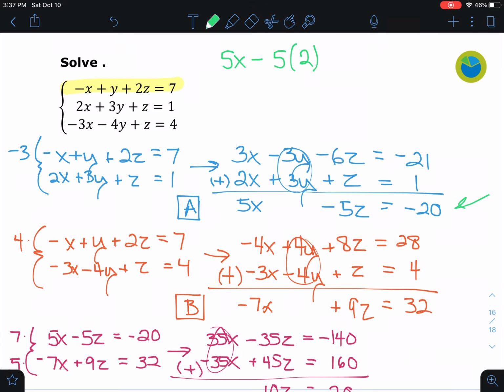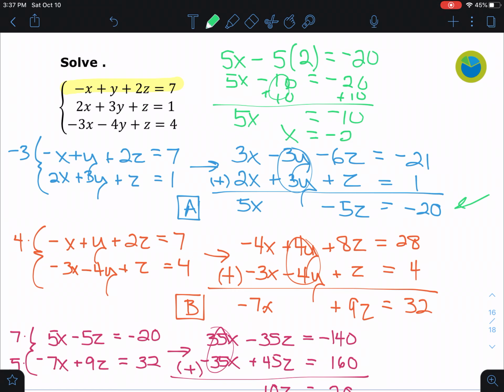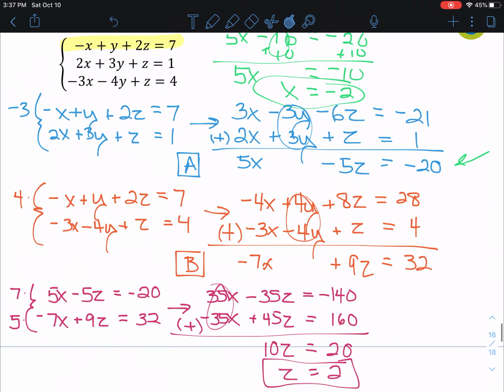So 5 times 2. All right, so I have 5x minus 10 equals negative 20. Add 10 to both sides. I get 5x equals negative 10. Divide, x equals negative 2. Okay. So now I know x is negative 2, z is positive 2.